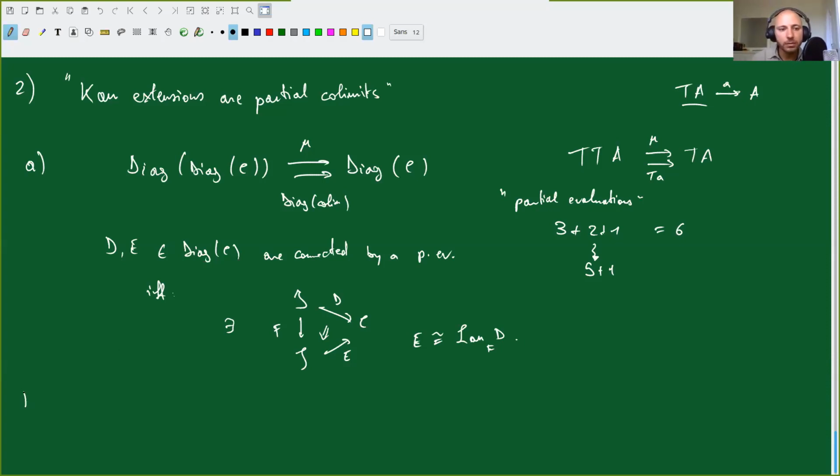And B and Q, small presheaves, are connected by a partial evaluation.